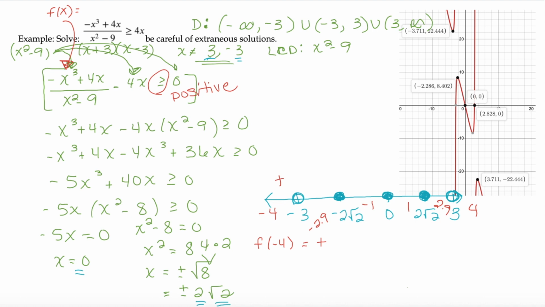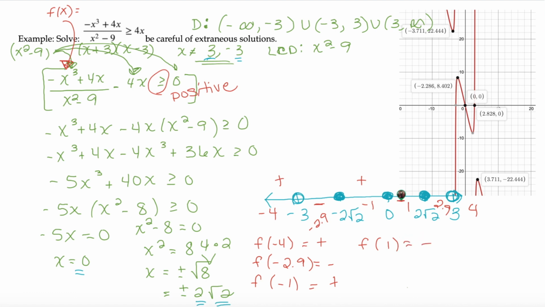When I substitute in negative 2.9, we end up with a negative solution. When I substitute negative 1 as my test value in, we have a positive solution. When I substitute 1 in, we end up with a negative solution.